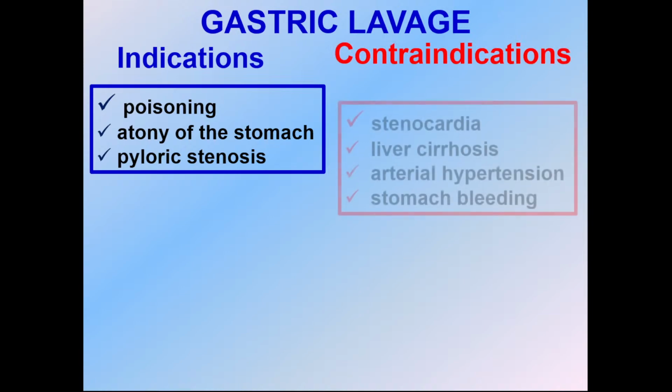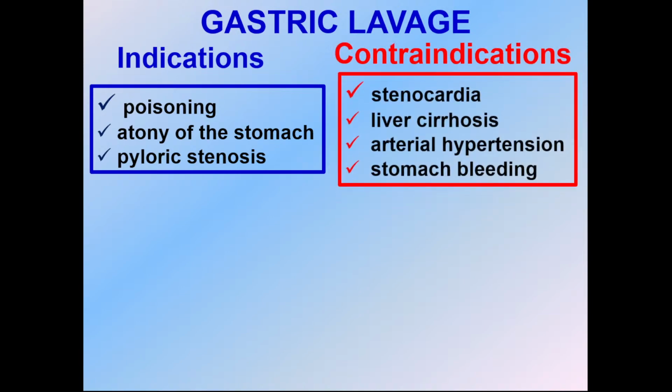But every procedure has indication and contraindication. Gastric lavage cannot be prescribed to patient with attacks of stenocardia, which is periodic heart pain due to spasm of coronary vessel, because when we introduce tube into the esophagus, we can irritate nerve endings, which innervate heart and provoke abnormal spasm of coronary vessel and attacks of stenocardia.